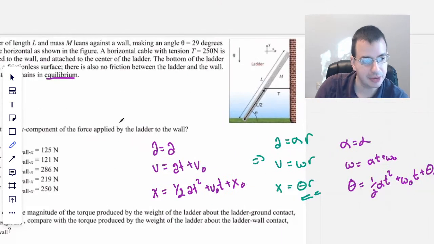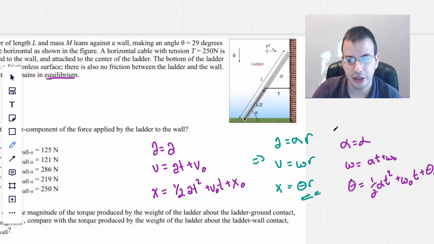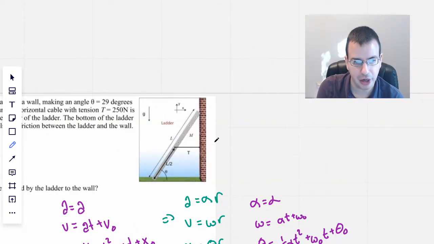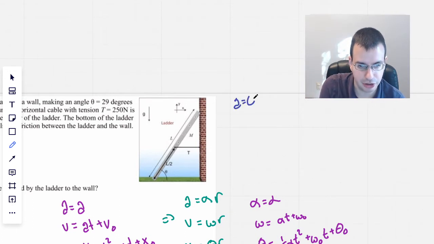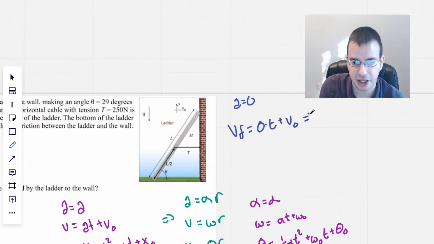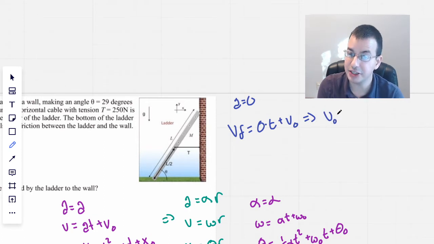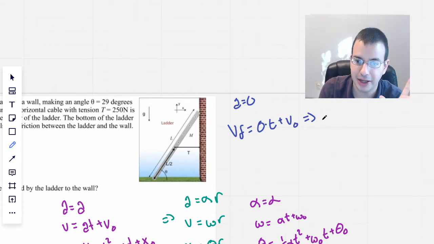So when you see something like in equilibrium, not moving, stationary, that should tell you that acceleration equals 0, which means that the final velocity equals 0 times time plus initial velocity, which means that the velocity will be 0, or velocity will be constant.